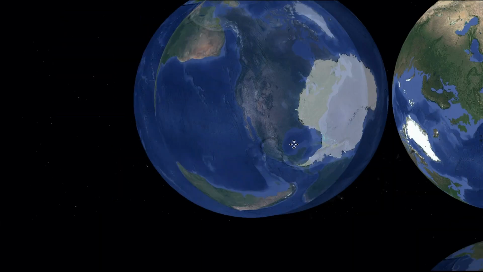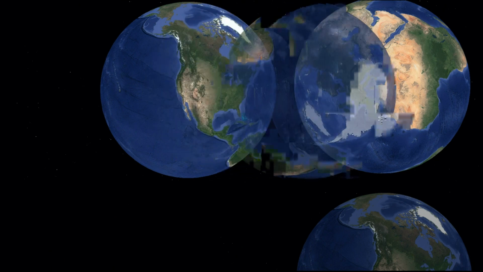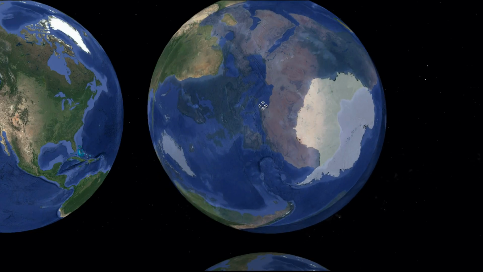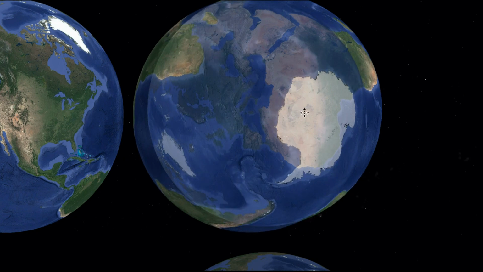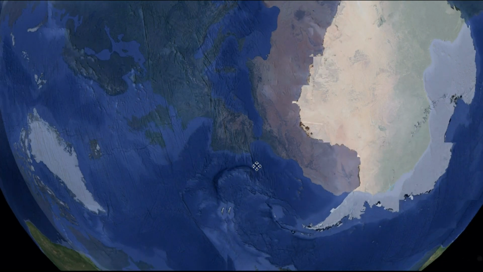You take that same feature and you move it over here to Africa, and you can see it's matching that notch right here, and it's hugging the coastline.